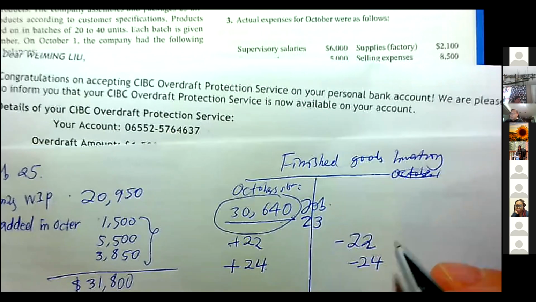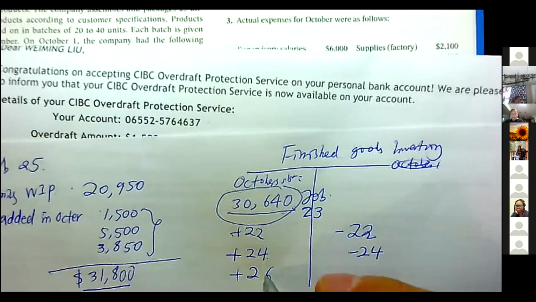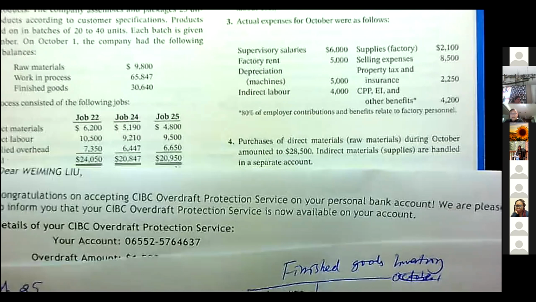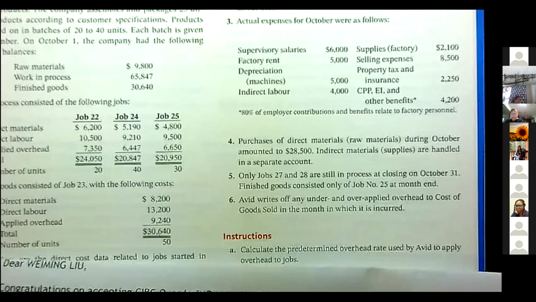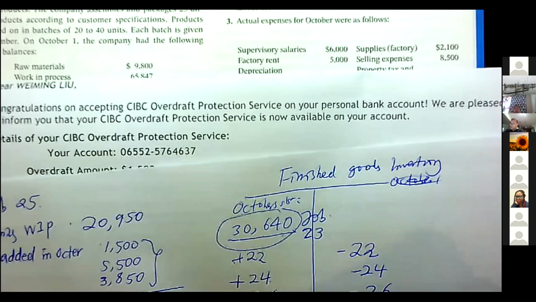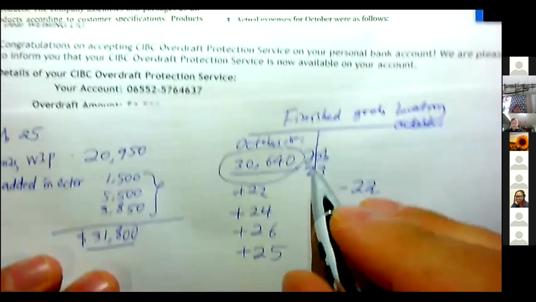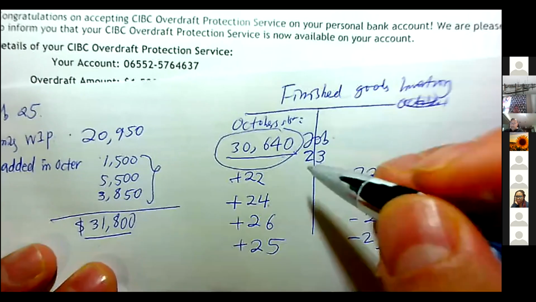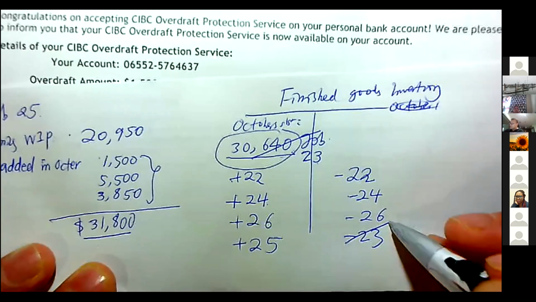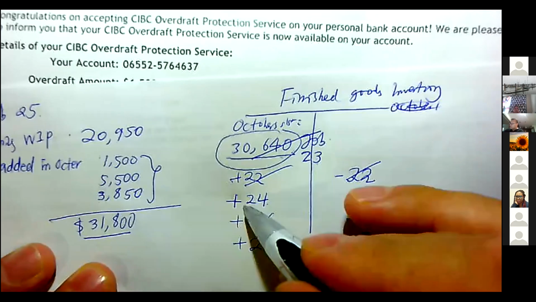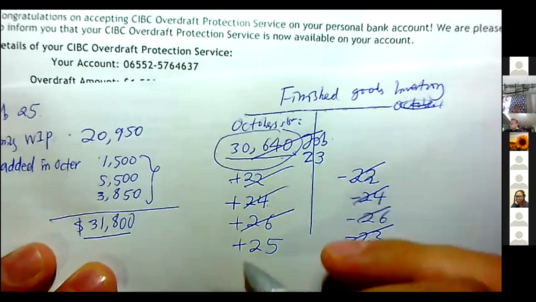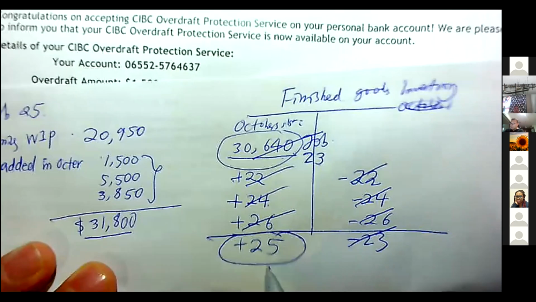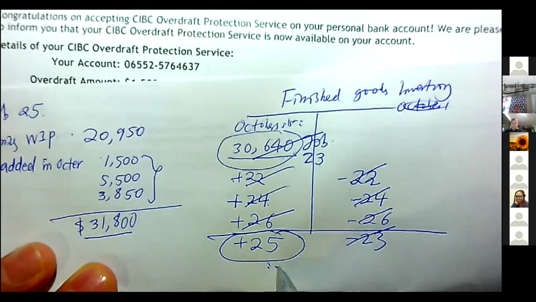Then we have 26, which is sold. And 28 and 27 are work in process. And 25 is not sold. And 23 is sold, so minus 23. So you can see that 23, 22, 24, and 26 are sold, and 25 is the only one left. That's why the ending inventory is this job 25 cost.